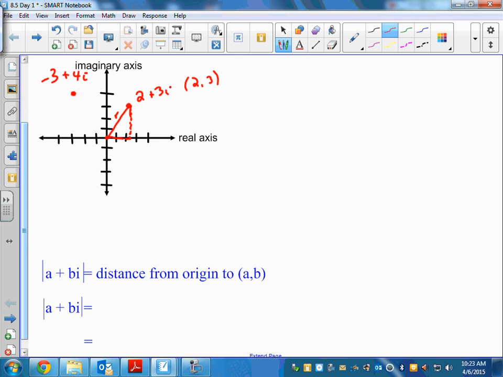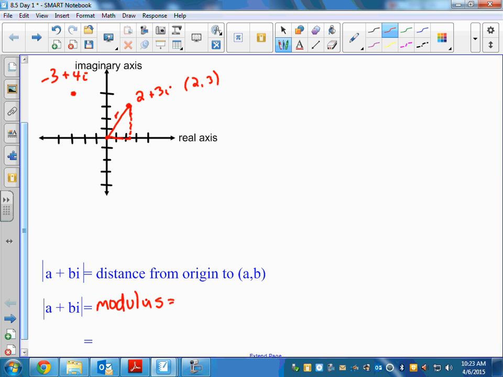When we talk about this distance, they always put it in absolute value bars because distance is always positive. And we say that the absolute value of a plus bi is just the distance from the origin to a plus bi. We also call that, what do they call that, the modulus? That's a weird word, right? Modulus?